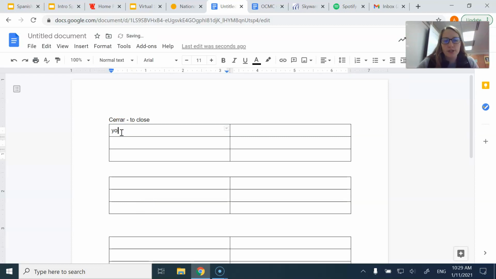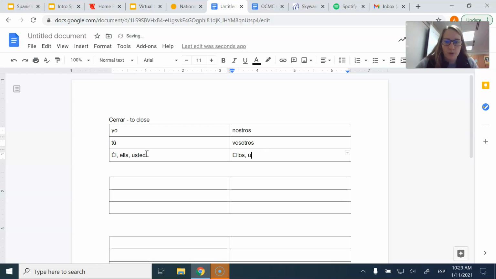So remember, in our conjugation charts we have yo, nosotros or nosotras, tú, vosotros or vosotras, él, ella, usted, and ellos, ellas, and ustedes.